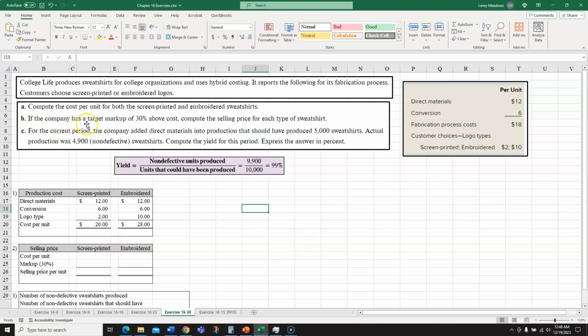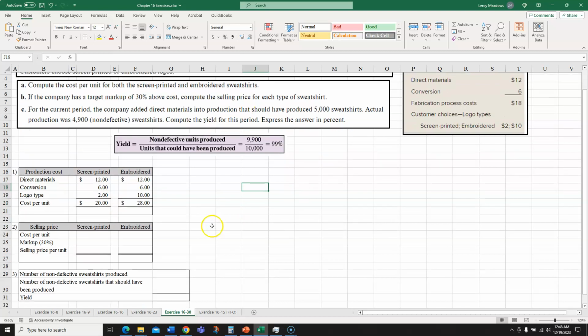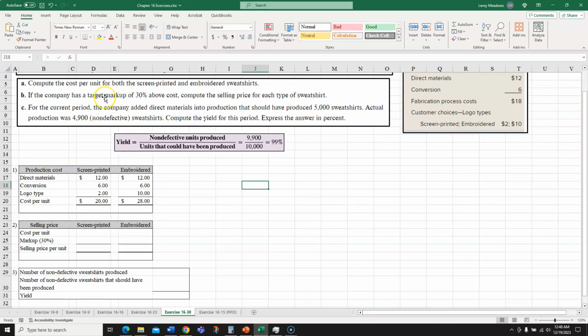B, if the company has a target markup of 30% above cost, compute the selling price for each type of sweatshirt. This is what is known as cost plus pricing, where we take our costs, add a specific percent to it, and then that is our selling price. Let's take a look at our cost per unit for the screen printed.